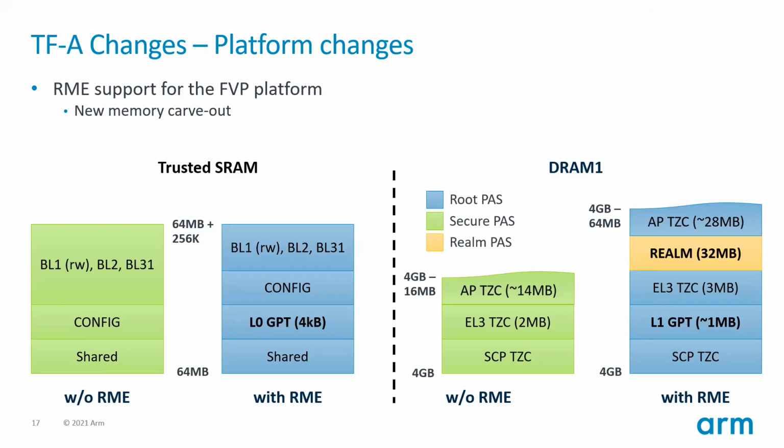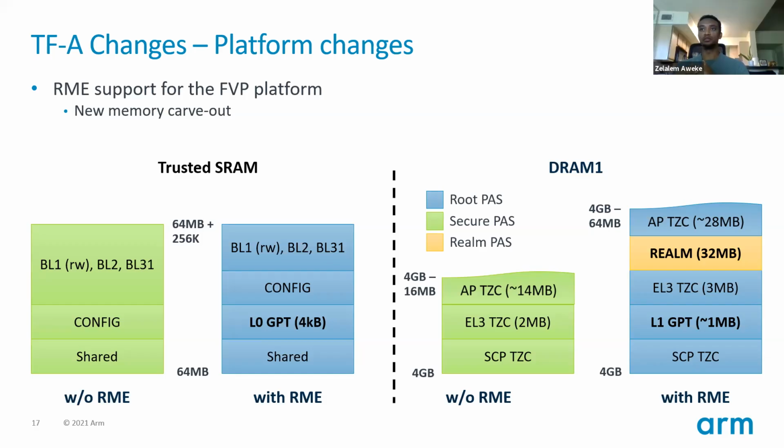So possibly it would be part of SCP configuring the DDR, setting up the DDR parameters. We haven't really figured out which world it should be. Probably root, or it would be accessible by anyone, and SCP can access it to configure the DDR. Yeah. Okay. Yeah, it looks like any of those things that says TZC should probably be green.